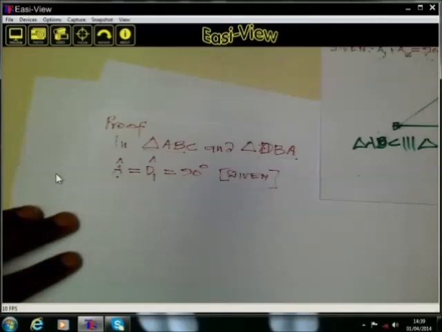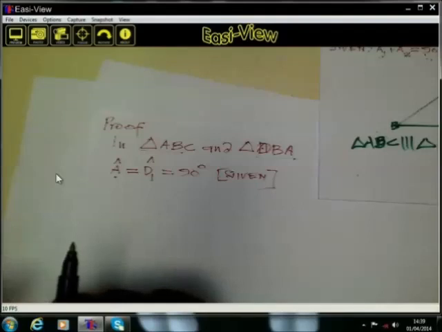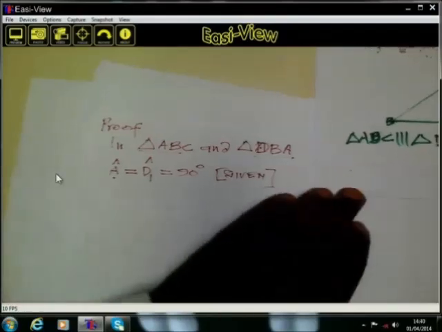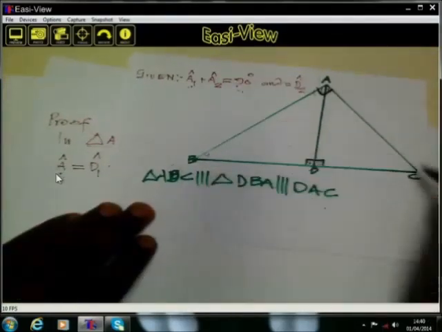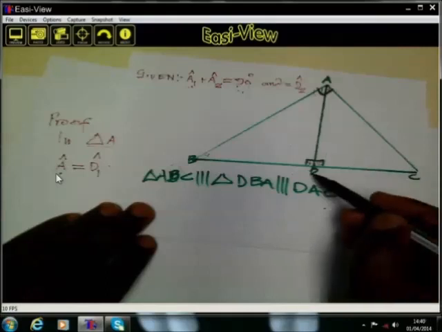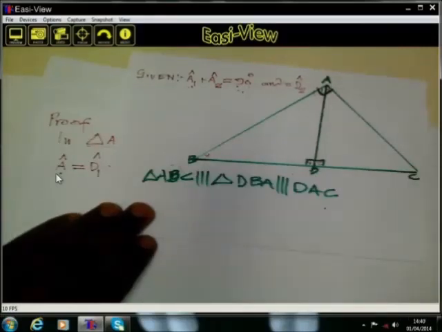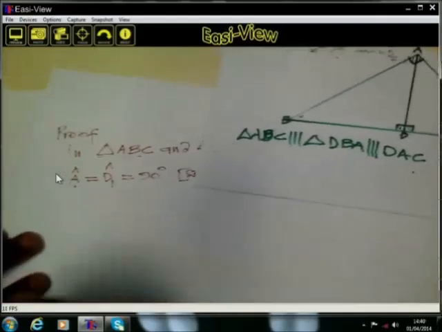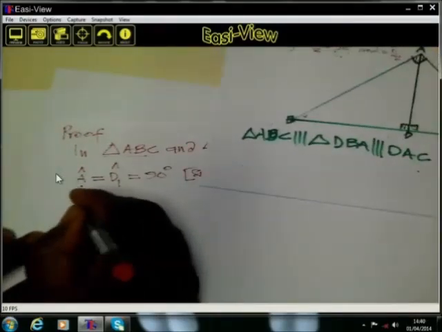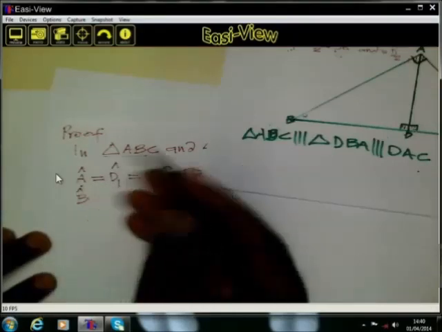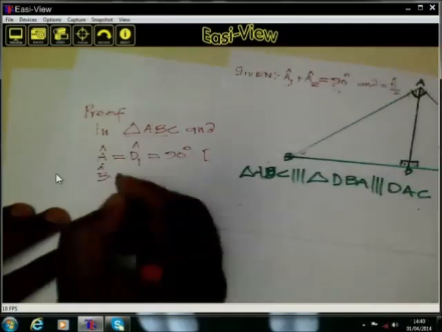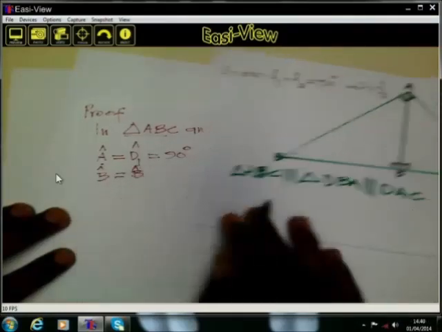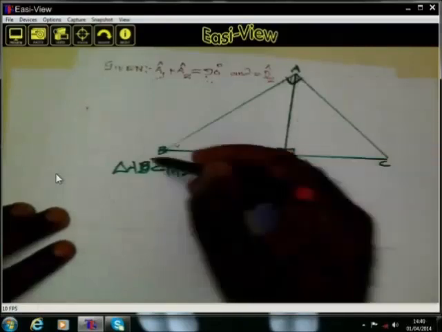Fine. Let's look at angle B. In both triangles, we have angle B. When we look at triangle ABC, this is angle B for triangle ABC, and when you look at triangle DBA, we also have angle B. So we can say angle B of triangle ABC is equal to angle B of triangle DBA.